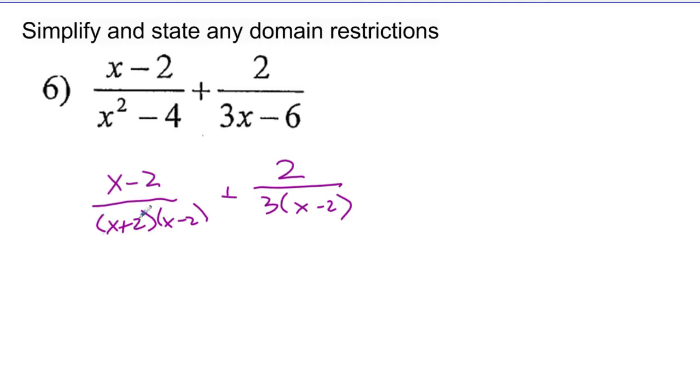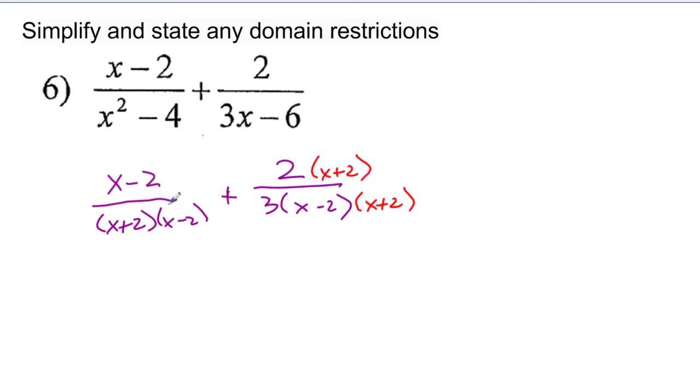But I'm seeing that the first one has an x plus 2 in it, and the second one doesn't have an x plus 2 in it. So I'm actually going to start by changing the second fraction, because it needs an x plus 2 to match the first one. So I'm going to put an x plus 2 here. And that means that if I'm changing the denominator, I need to change the numerator as well.